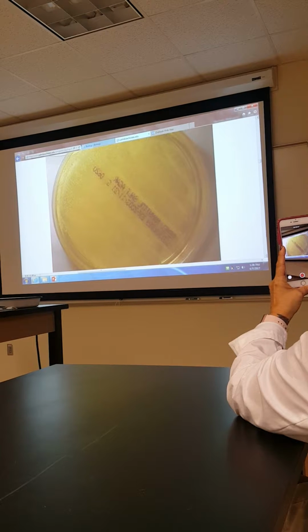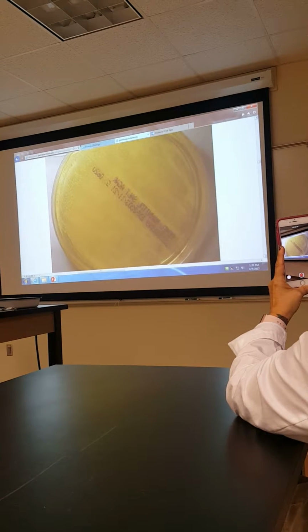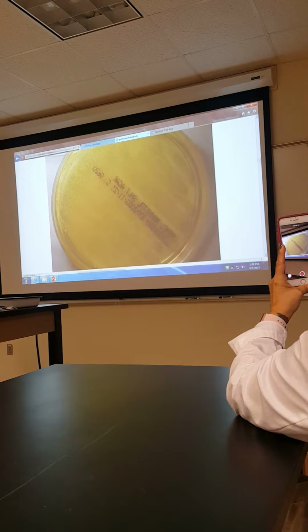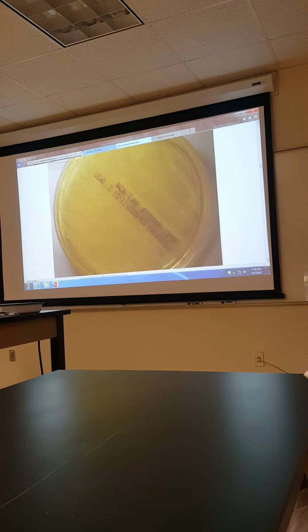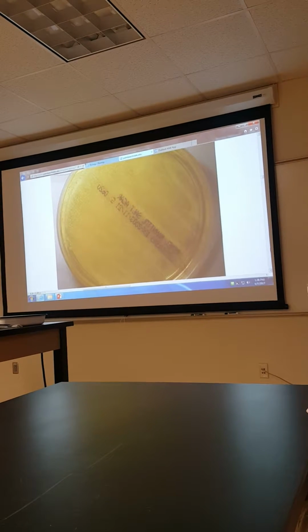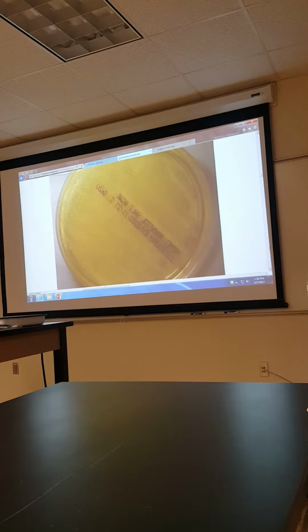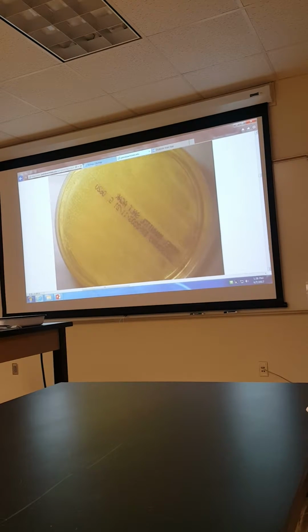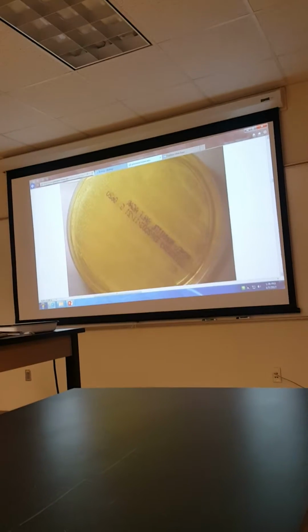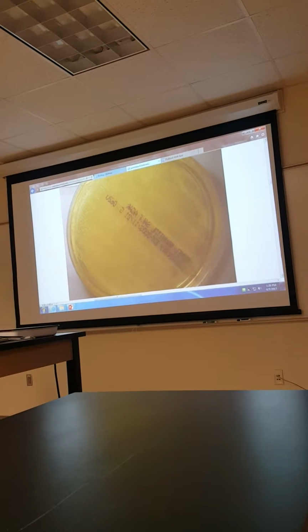Well, it's growing, right? We have growth, so it must be resistant. The mannitol salt agar has 7.5% sodium chloride. That high sodium content inhibits the growth of most other microbes, except staphylococcal species, because they are resistant to the high osmolarity, the high salt content.